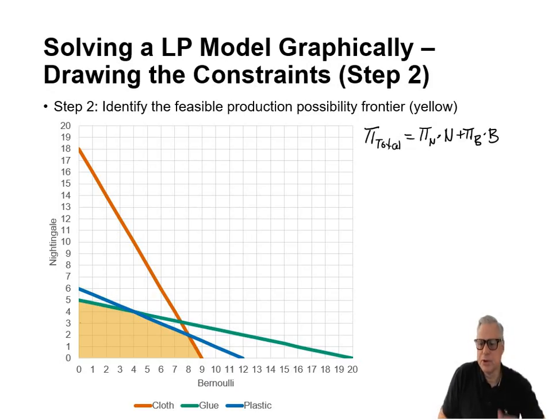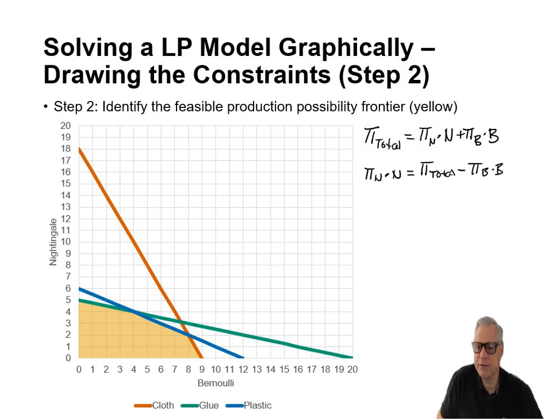Okay, so now if I rearrange again this equation such that I have n, the nightingale, to the left side of the equal sign, I can also write unit profit nightingale times nightingale is equal to the total profit minus the unit profit of a Bernoulli times the Bernoulli.